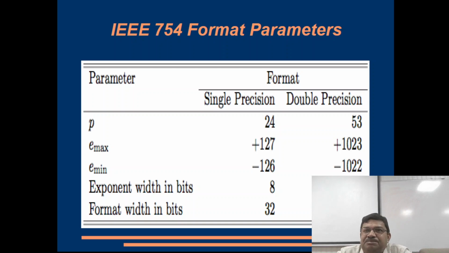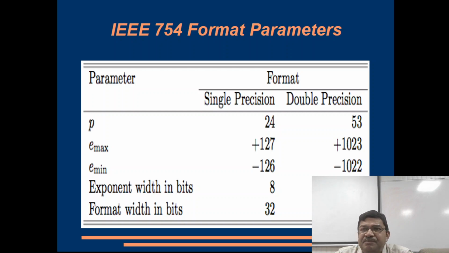So this is the IEEE 754 standard for binary floating point arithmetic. So precision: single precision number, float, you have 24-bit precision. Although you assign only 23 bits, 1 bit is hidden, but still it is 24-bit precision. In double precision, you have 53 bits.